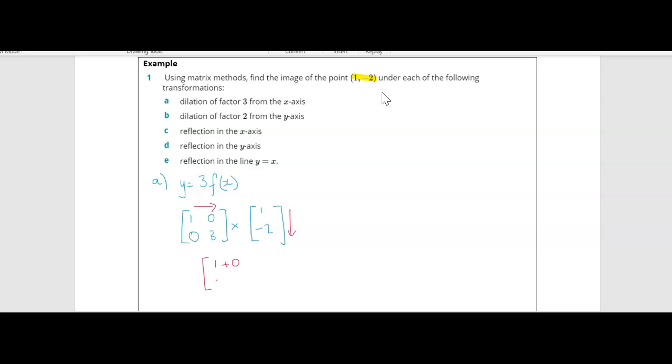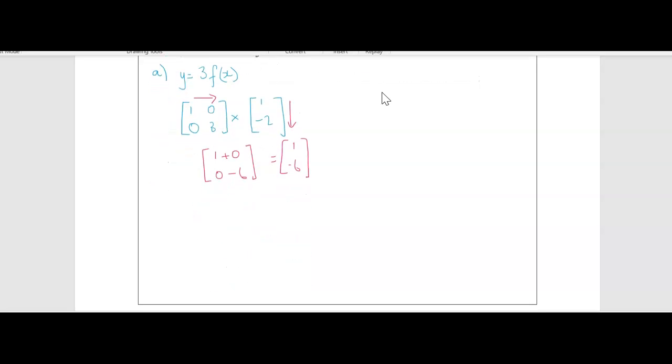Then 0 times 1 is 0, and 3 times -2 is -6. So the image of that point, remember it's x, y, is going to be (1, -6).